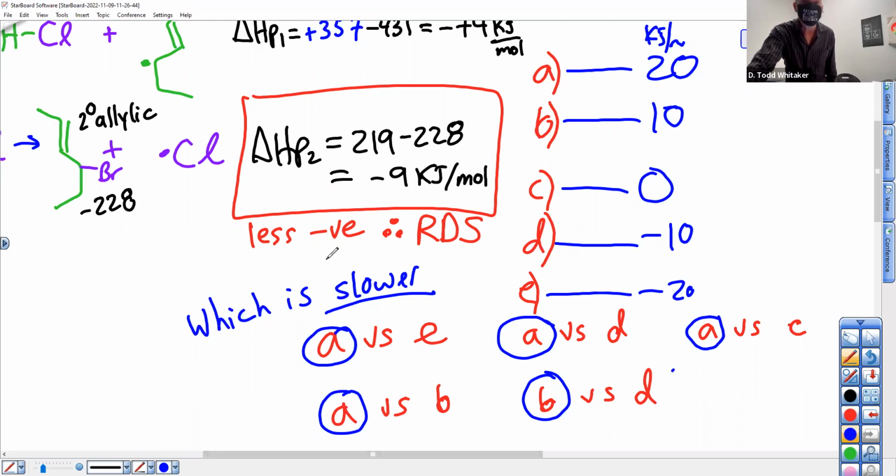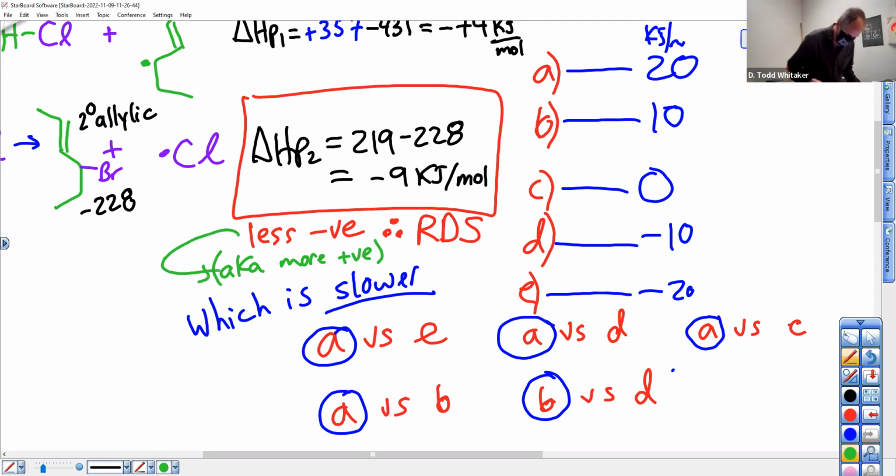It's the same question. Okay. Do you like that wording better? More positive is the rate determining step. I'll just write it down, AKA more positive. If that's helping, but now you're memorizing two things, but you're not. Okay.